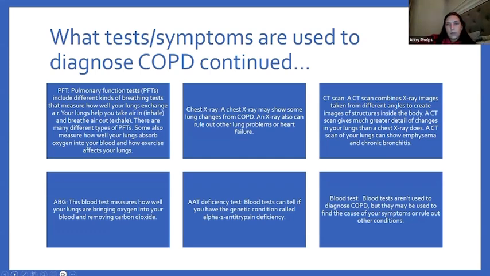PFTs really help with diagnosing your patient that has COPD. They include different kinds of breathing tests that measure how well your lungs exchange air, so how well your lungs help you take air in and out. There are many different types of PFTs. Some measure how well your lungs absorb oxygen into your blood and also how exercise affects your lungs.